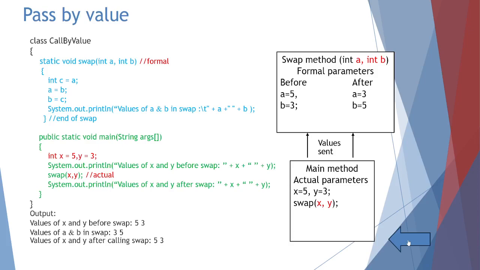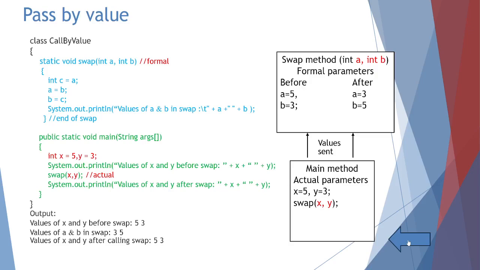So class CallByValue is there, and two static methods. First one is swap, second one is main. Let's understand the main method first of all. Two variables are declared and initialized. We can accept them also. X is 5, y equals 3. Then we are printing the values of x and y before calling the swap method.